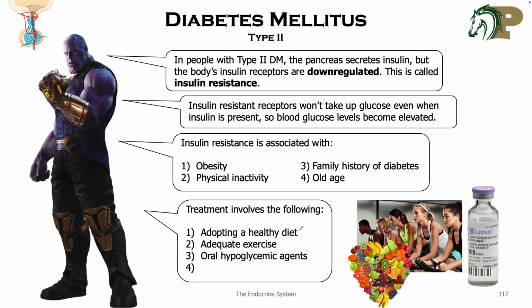And if the condition is severe enough, you can also give them insulin. And the idea here is to bombard the patient's cells with as much insulin as possible to kind of force the patient's body into taking up glucose so that glucose levels can come down. All right, so that's type 1 and type 2 diabetes.